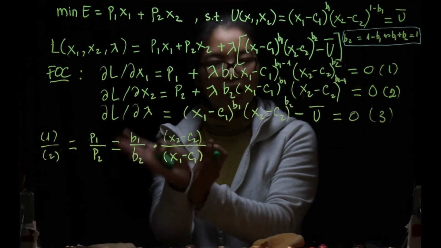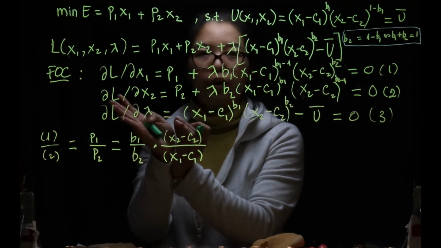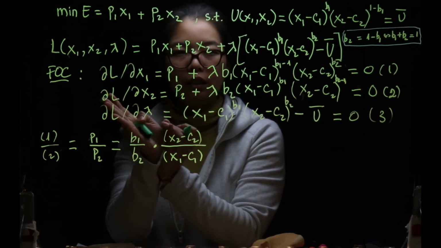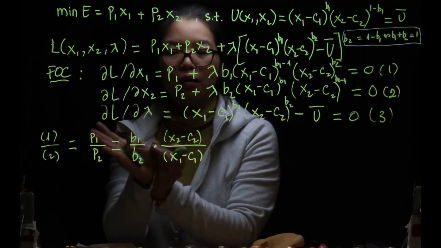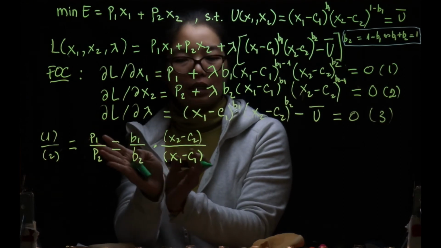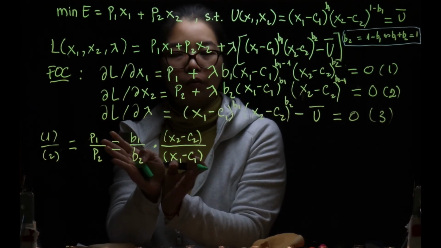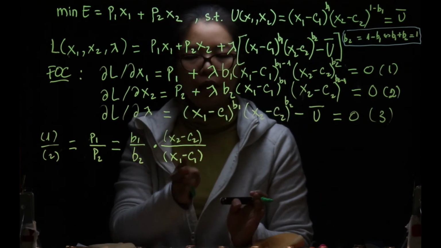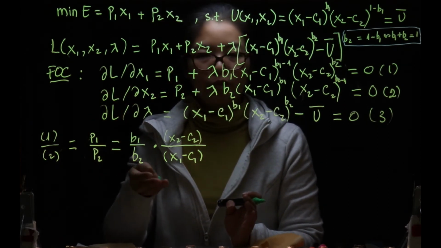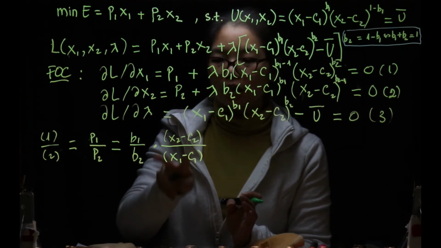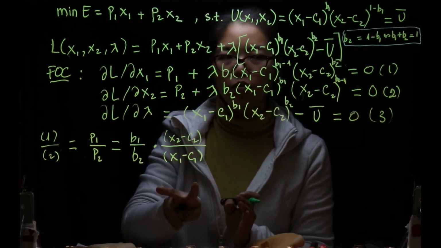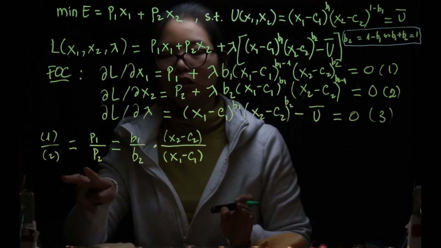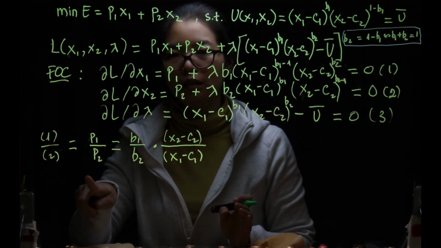And here, look at this. We had something like that before when we derived the utility maximization problem. And here you could say that actually the same thing happens, because on the right hand side you have the ratio of the two marginal utilities, and on the left hand side the ratio of the two prices.